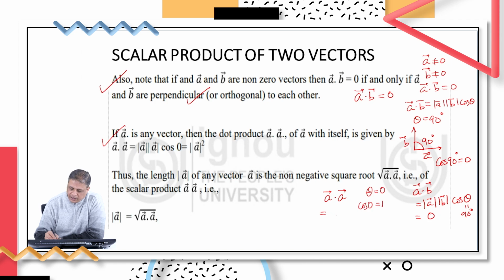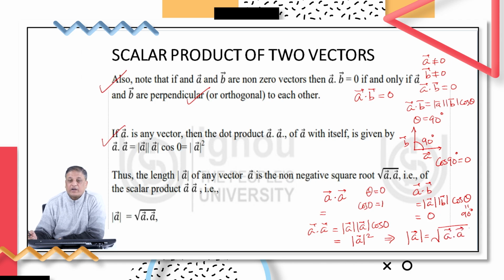So in that case, A vector dot A vector will resolve to magnitude of A vector into magnitude of A vector into cos of 0, that is magnitude of A vector square. So this implies that magnitude of A vector is nothing but the square root of the dot product of vector A with itself.